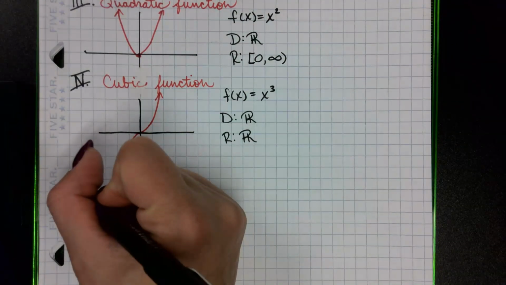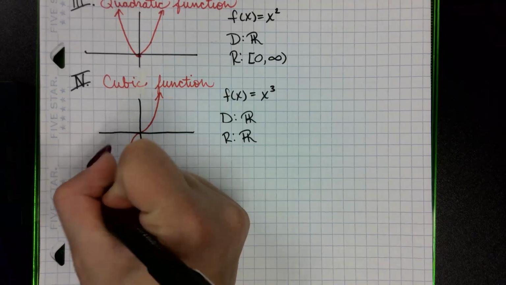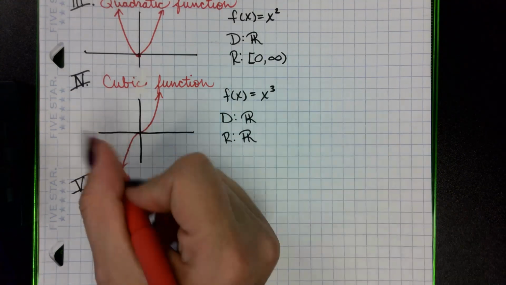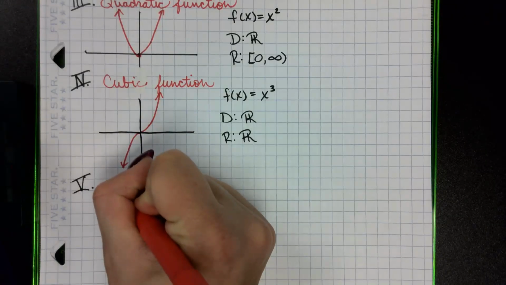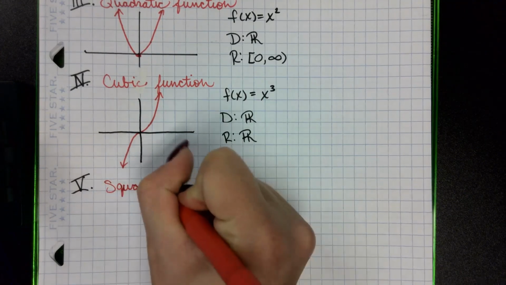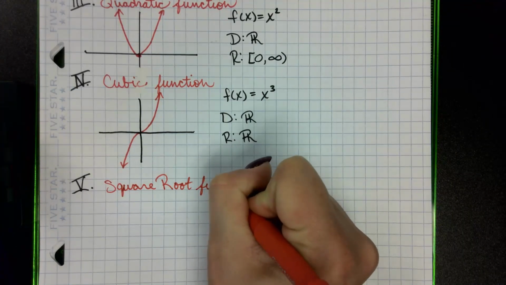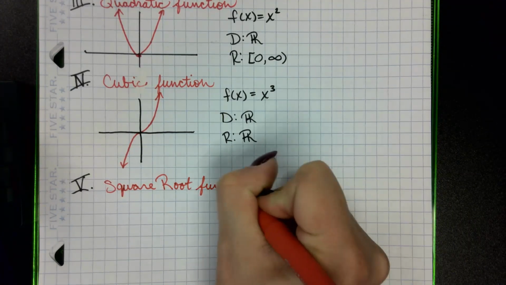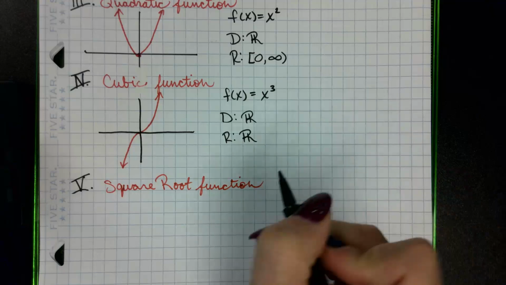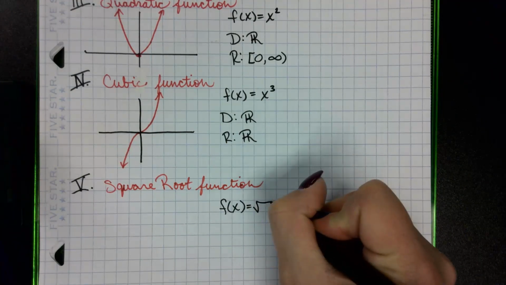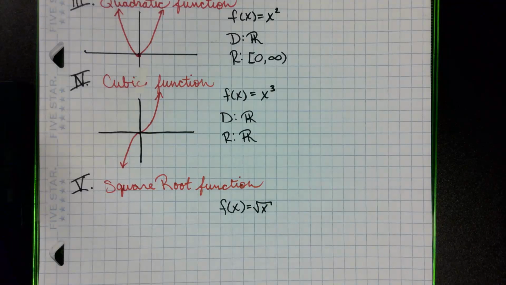And then number 5, we have the square root function. For the square root function, we have f of x equals the square root of x.